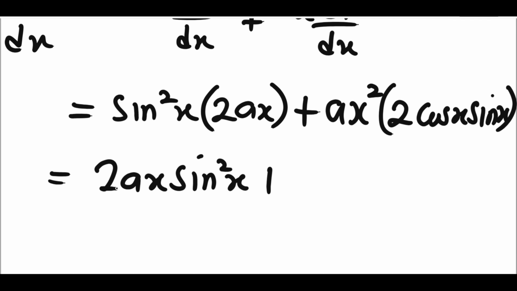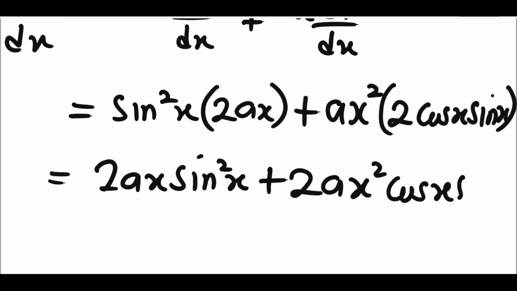Then we have the second part of the function to be ax squared multiplying 2 cos x sine x, so we are going to get 2ax squared cos x sine x.